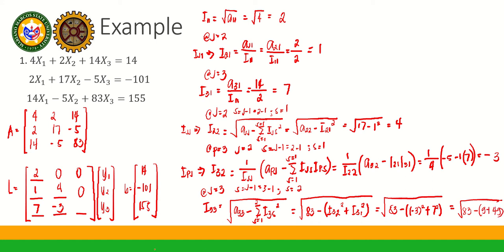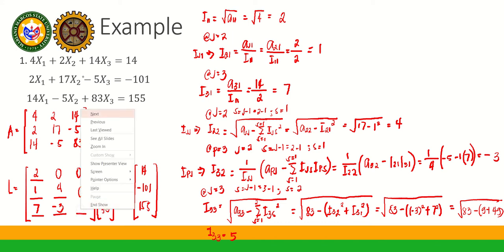And solving for this one, our I33 is equal to 5. That is the square root of 25. Okay, so we can now write our I33 here in the L matrix. So we now have solved for the L matrix.